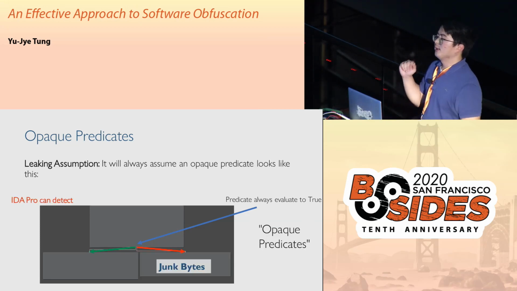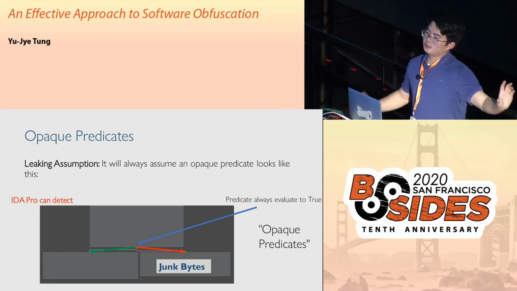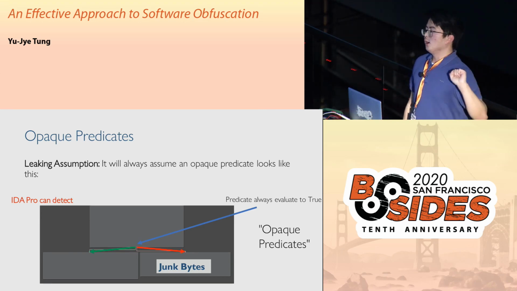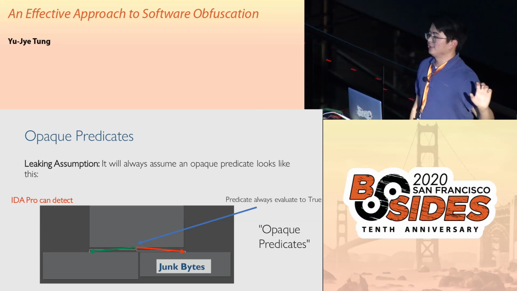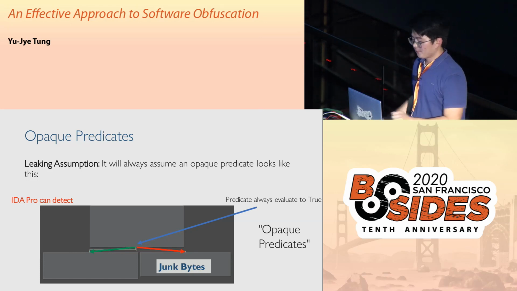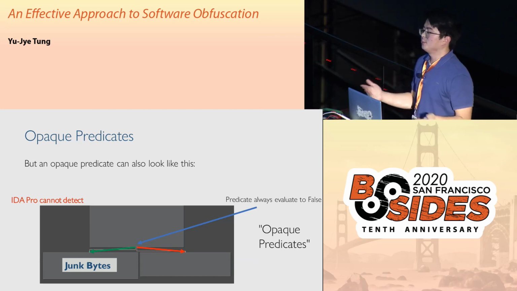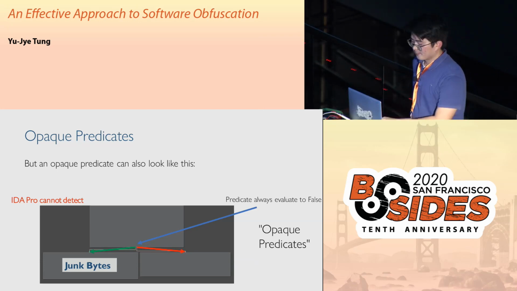So here's where IDA makes an incorrect assumption. If it detects the structure I just discussed, overlapping instructions in sibling basic blocks, it will always assume that the junk byte is placed in the false branch. But there's really nothing stopping the junk byte from being placed in the true branch instead.